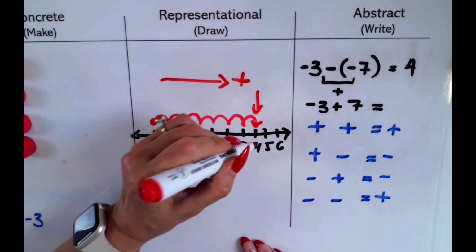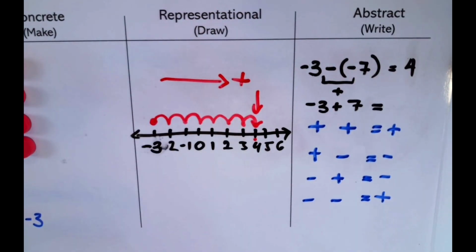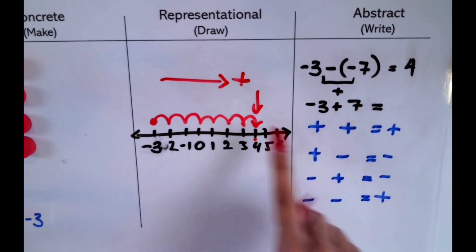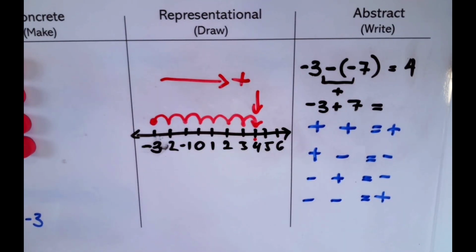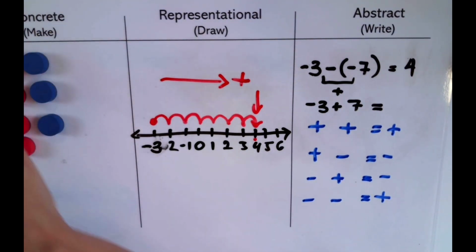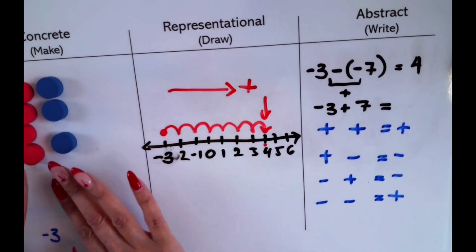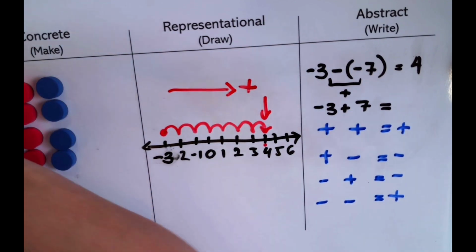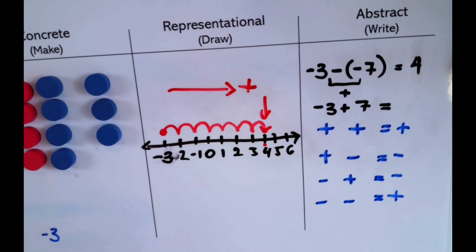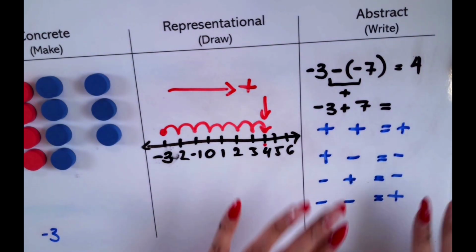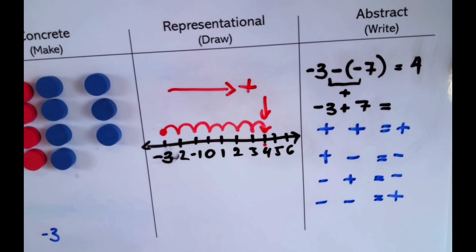We end up at +4. That's the abstract process. This is how you would use a number line, but this method of zero-sum pairs or annihilation actually starts to hammer home why these rules exist.